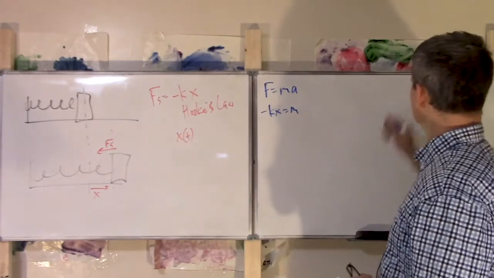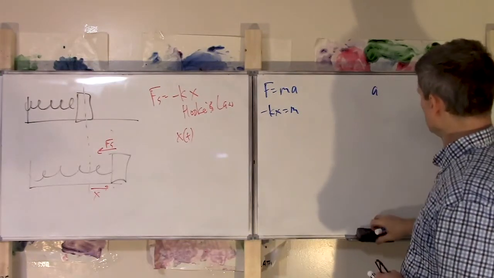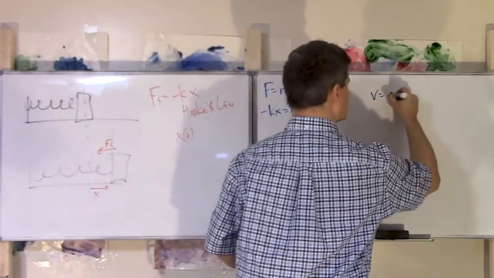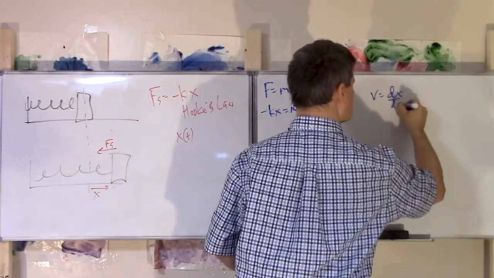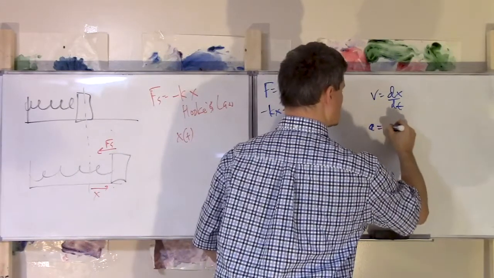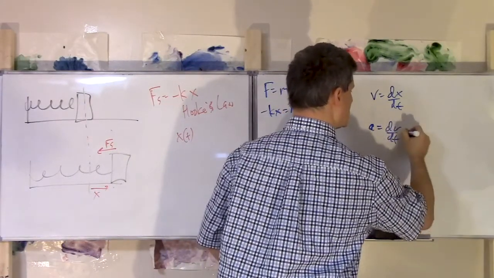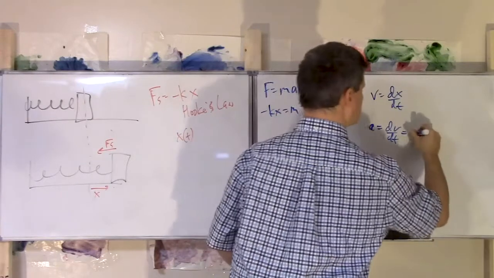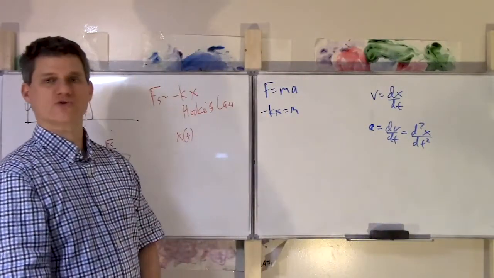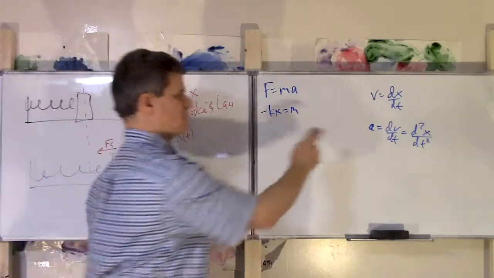What is a? So recall that a, well, let's start with v. V is position over time, or we can write it like this, dx dt. And then a is dv dt, which is the second derivative of the position. We weren't able to do that in the beginning of the semester, but at least now we can.